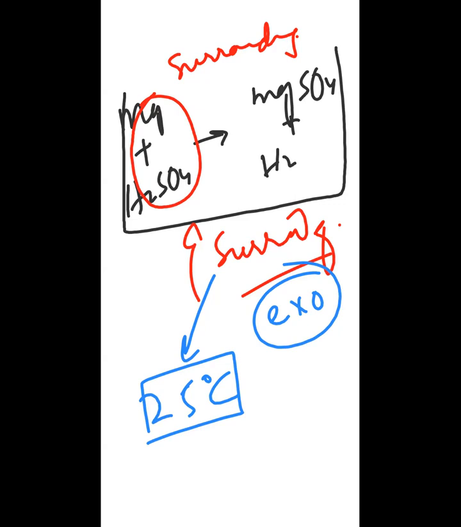When magnesium is reacting with the sulfuric acid, at the reactant side the beaker will cool down because the energy is being absorbed from the surrounding. For example, the temperature will drop to 20 degrees Celsius, because these two reactants have absorbed energy from the surrounding.